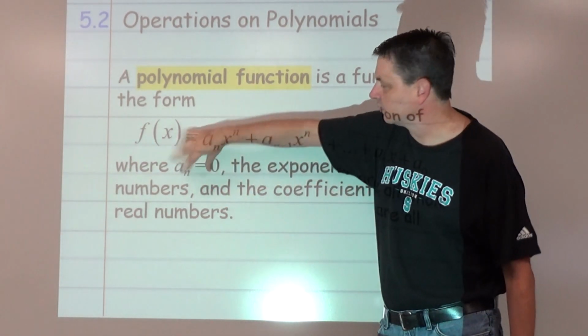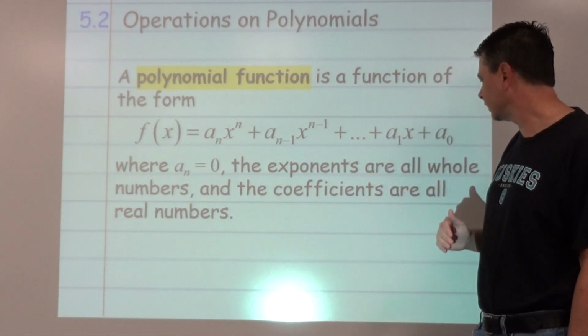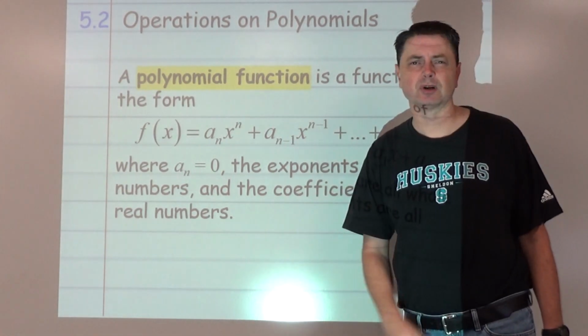And the first leading coefficient is not allowed to be 0. The rest of them can be if they need to be. All the exponents are whole numbers, and the coefficients are all real numbers.